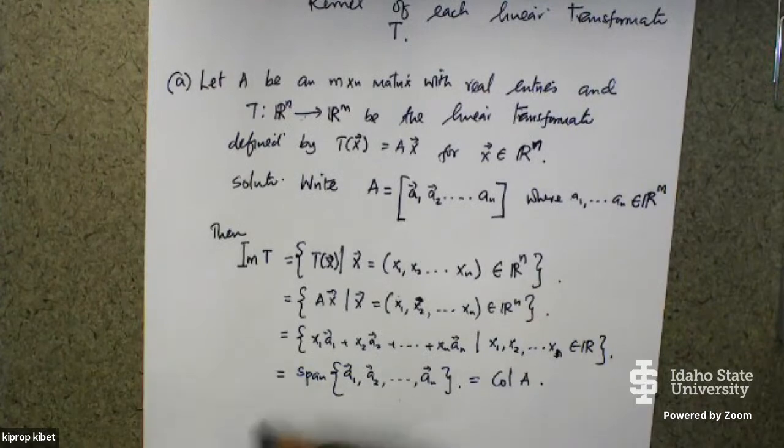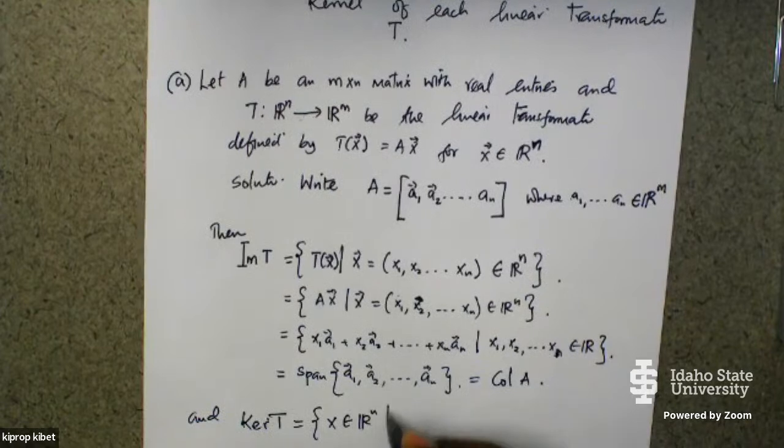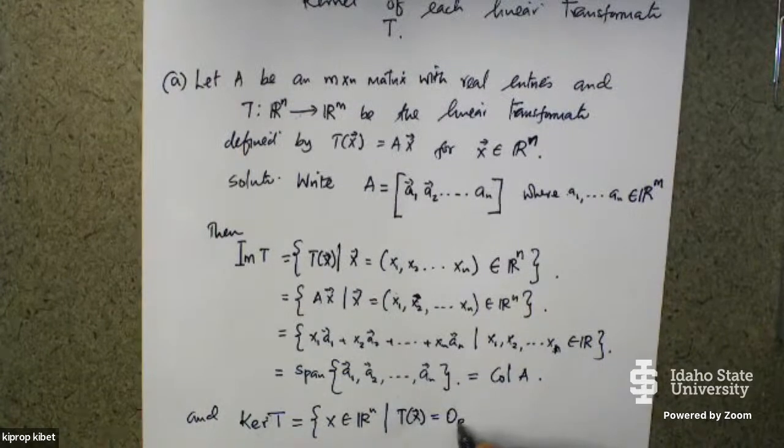For the other one, the kernel of T is the set of X in Rn such that T of X equals 0, and this 0 is in Rm.